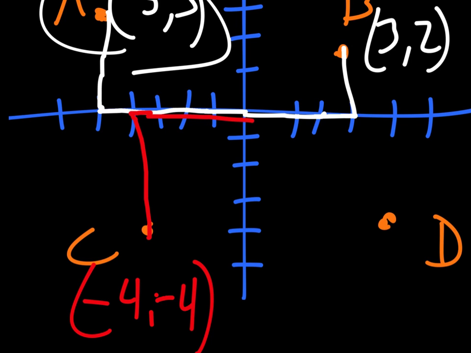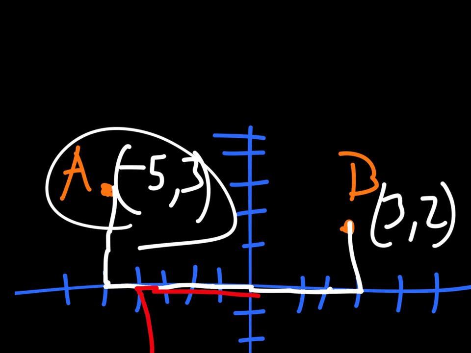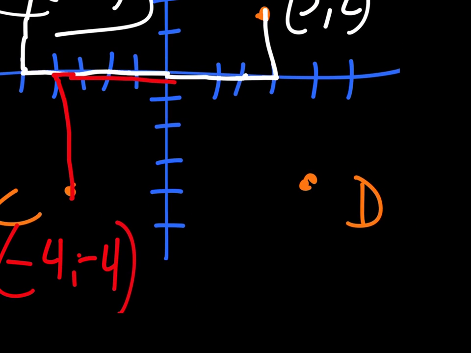For example, if you put (-4, 4), you're going to be at this exact same spot, but only up here, okay? We don't want that. If we're going to find D, we're going to go over 1, 2, 3, 4, and down 1, 2, 3. There you go. And this is going to be (4, -3).